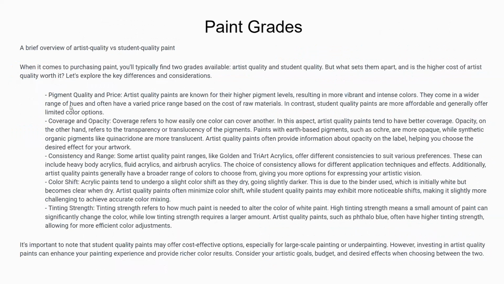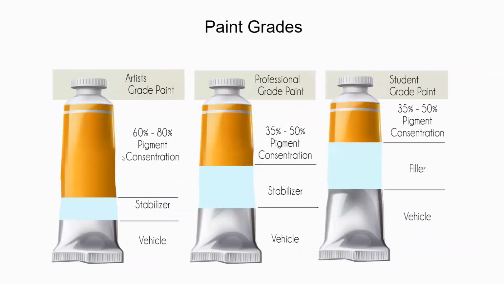In terms of paint grade, you'll also see a choice between student versus artist or professional. Generally speaking, as mentioned before, the student quality paints have more filler added in. So for example, this is how it might look in a chart. An artist grade or professional grade paint is going to have more pigment, more of that expensive color in it that gives you the vibrancy, and then there'll be a stabilizer and a vehicle.